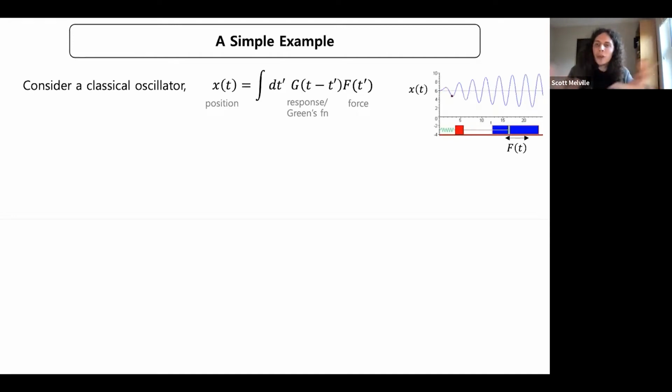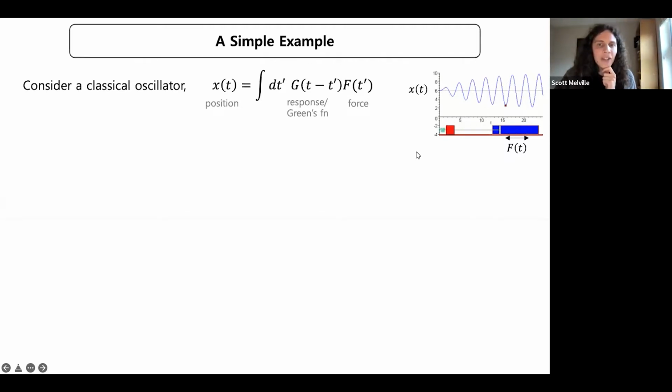This is the thing that you would measure in an experiment. If I gave you a spring and asked how does the spring behave, you would grab hold of one end and start yanking it up and down, and you would measure how its position changes. From the ratio of the position to the force, you can work out this Green's function.